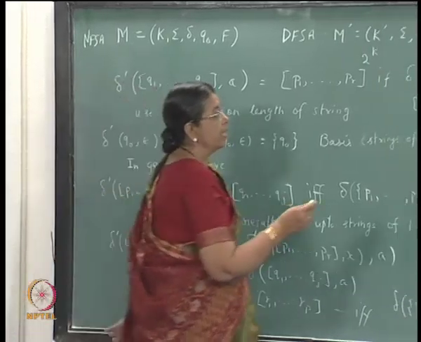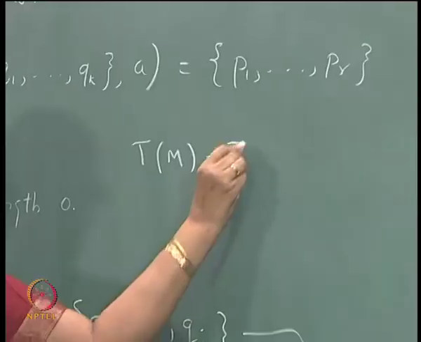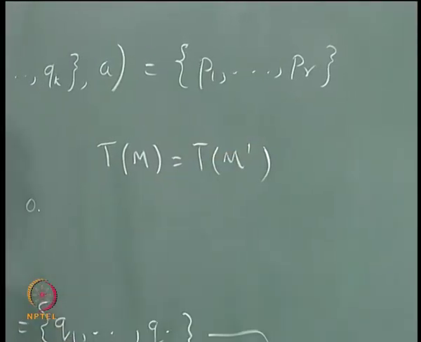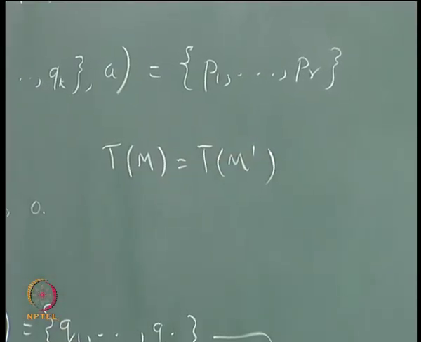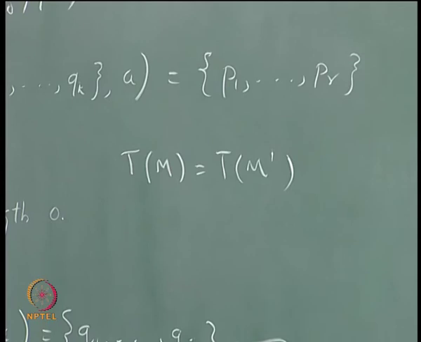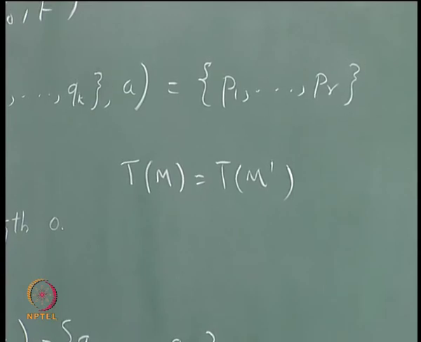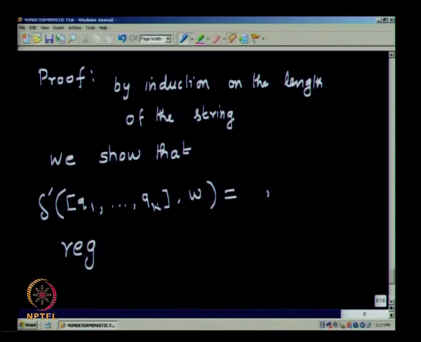So, the language accepted by both are the same, T of M is equal to T of M dash. Thus we show that the power by using non-determinism is not increased here. Any set accepted by a non-deterministic automaton is accepted by a deterministic automaton. Such a set is called a regular set.